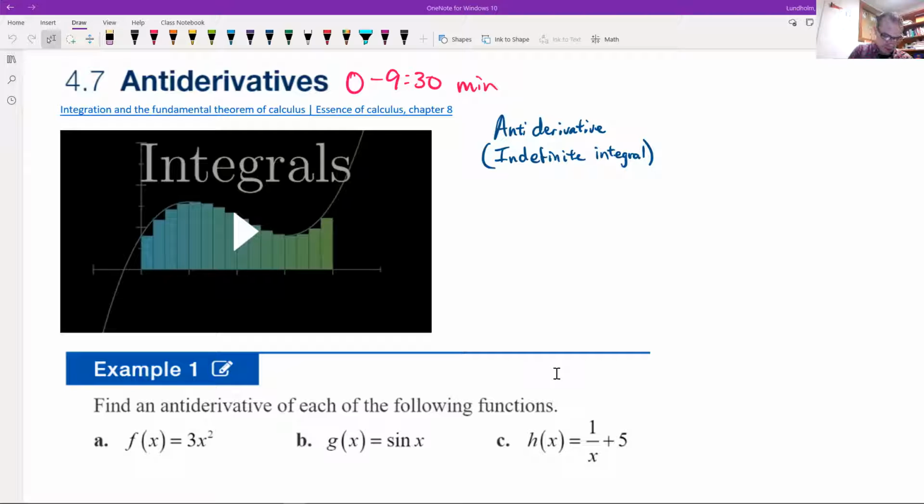The notation that you'll see for this will be one of those long S's, and inside of that you'll have some kind of function, normally of x or t perhaps. But there won't be any bounds of integration on the top or bottom. That'll just be left blank. And we've got our differential over here, dx, giving us the height and the width of little rectangles that we're going to be summing up.